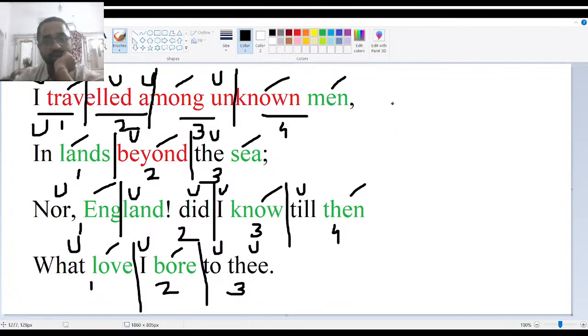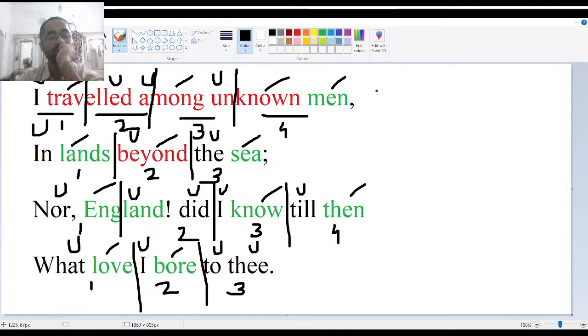So you have to mention that in the statement that you write at the end of the scansion. After you have scanned the passage, you have to write a statement mentioning the prosodic name of the given passage along with the variations that you have found in the passage.